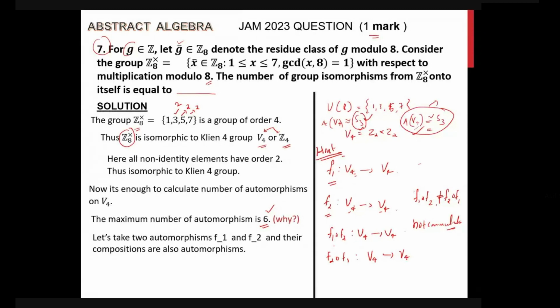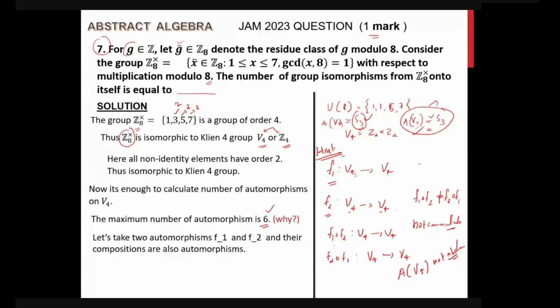If you get two automorphisms that are not commutative, then we can say that the automorphism group of V4 is not abelian.